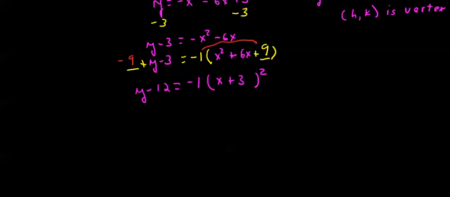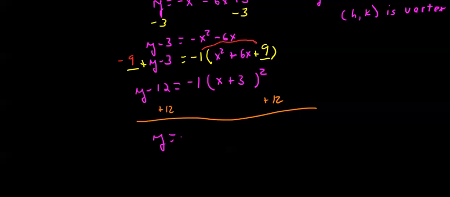To finish this off, we add 12, and our final equation is y equals -1 times (x plus 3) quantity squared plus 12.